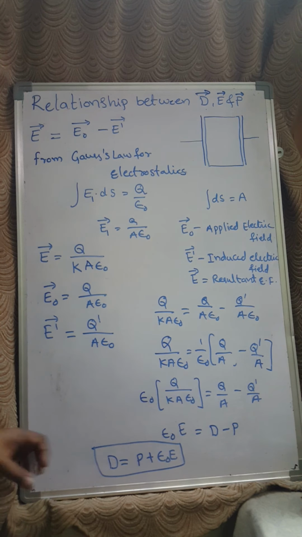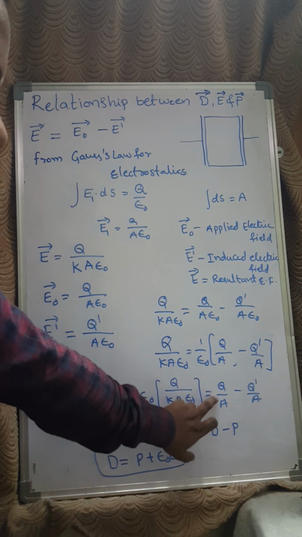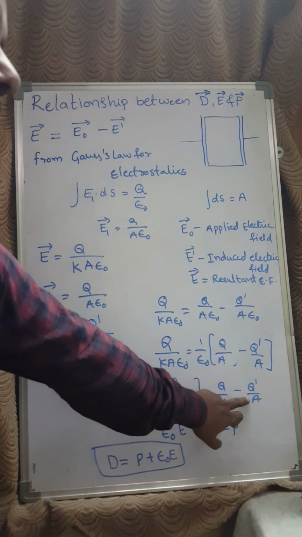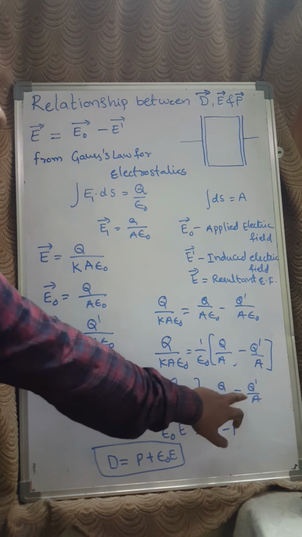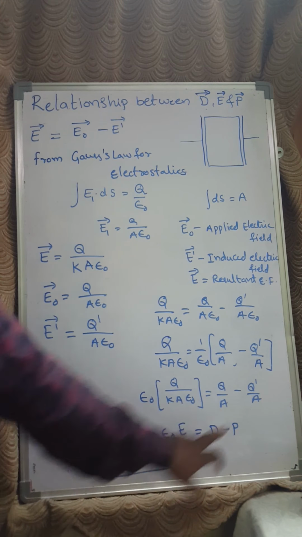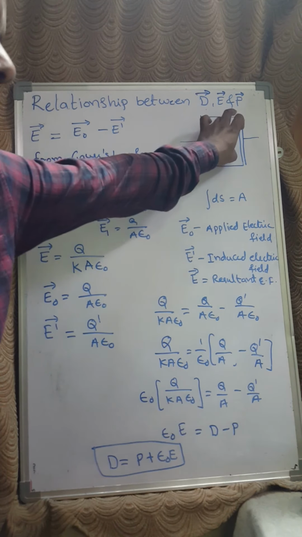Here the displacement vector capital D is associated with only the free charge carriers present in the material, and the polarization vector P is associated with polarization charge carriers, Q dash by A, or induced charge carriers in the dielectric slab.